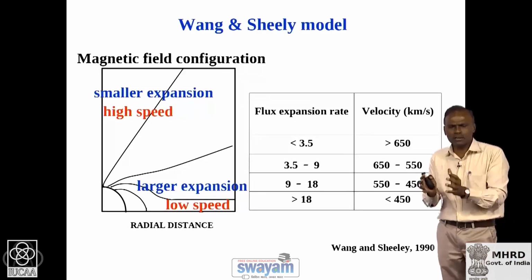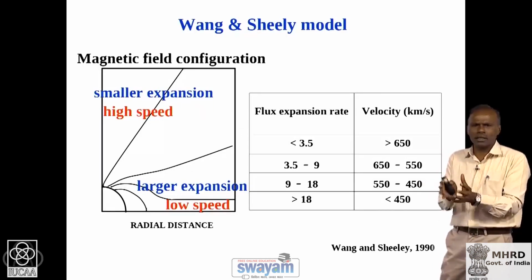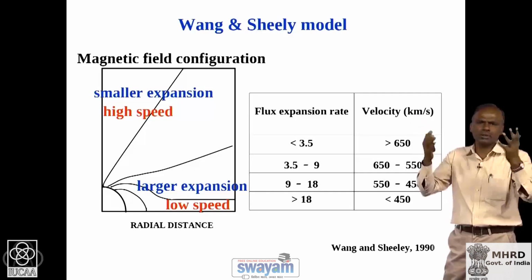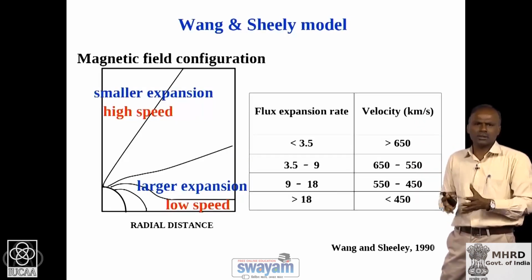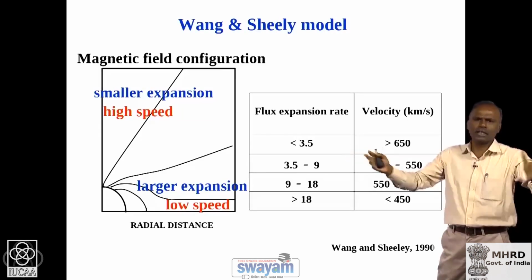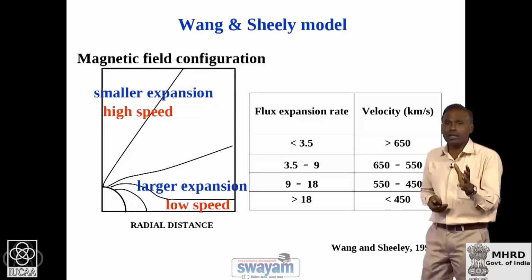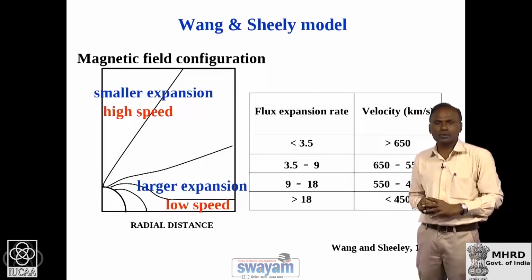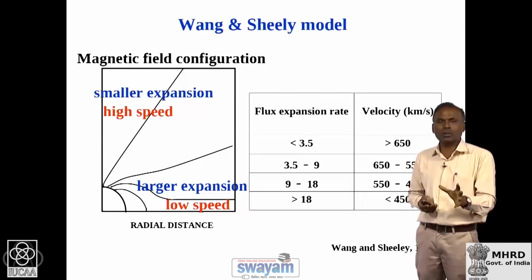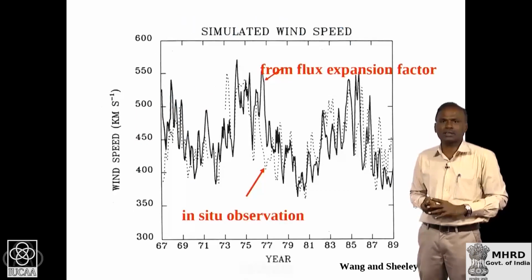So, the expansion factor is the factor from the base of the sun, the photosphere, to about 20 solar radii above the sun. If the magnetic field shows huge divergence, it involves low speed wind. So, the magnetic field plays a crucial role in accelerating the solar wind. First of all the thermal part, and then the magnetic field expansion plays a role.